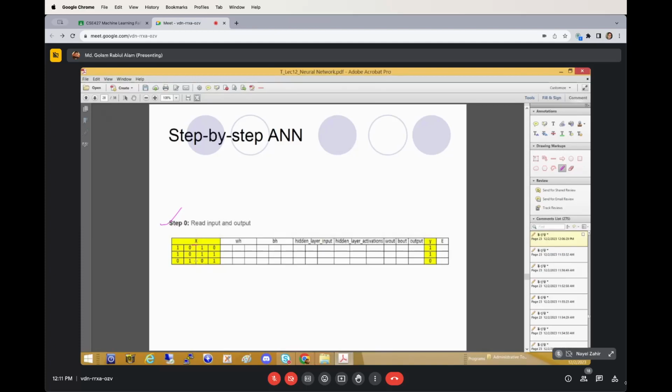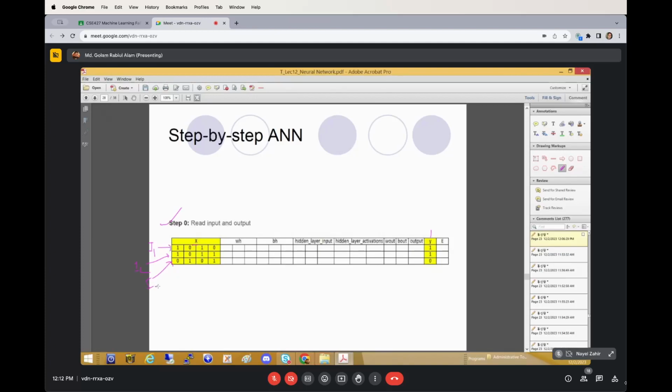Consider this our input, and the output is 1, 1 and 0. This is instance number 1, this is instance number 2, and this is instance number 3.